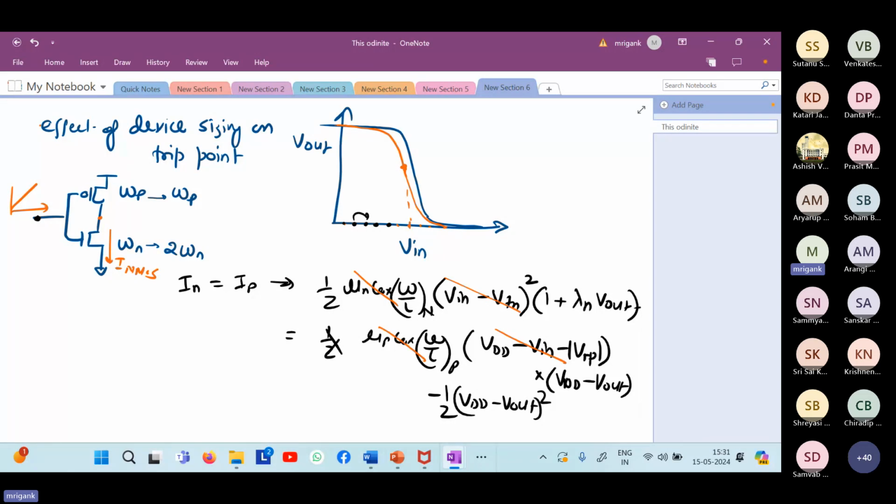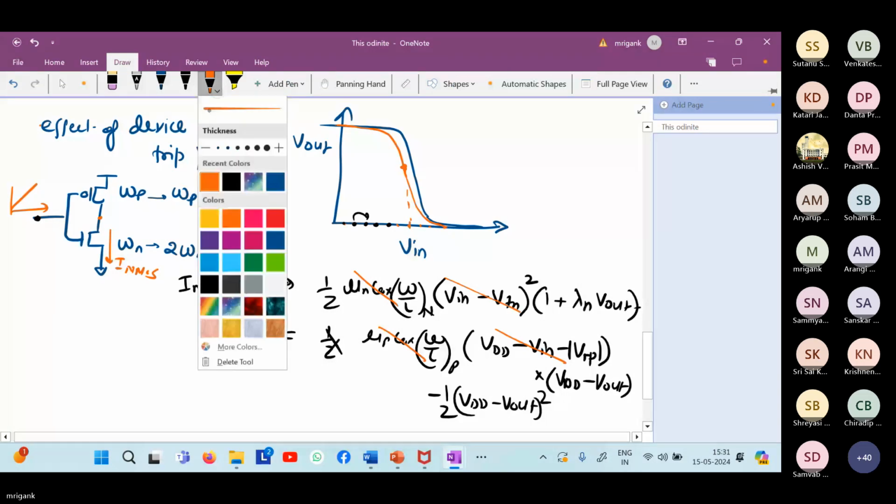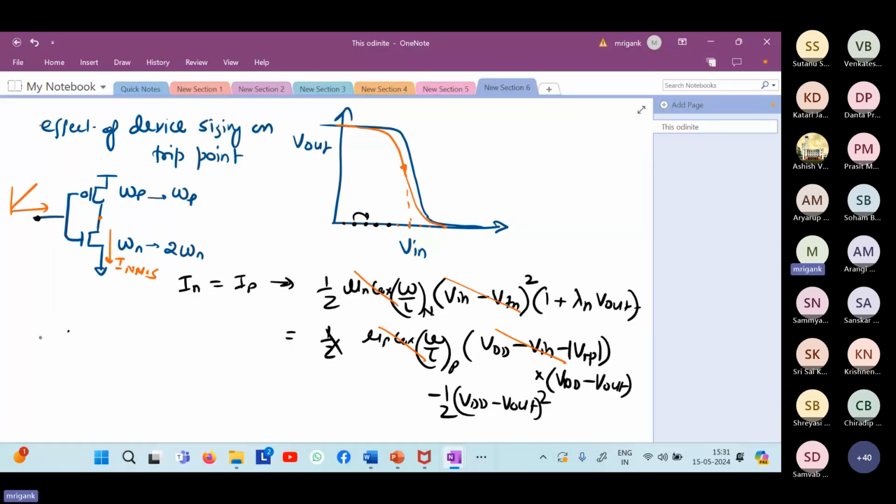So mostly I'll be left with 1 plus lambda N V out. I'm just retaining one factor because that is what is of interest. Others are constant, so I am absorbing them in some constant. And then on this side, you have W by L of P, and this factor times VDD minus V out.